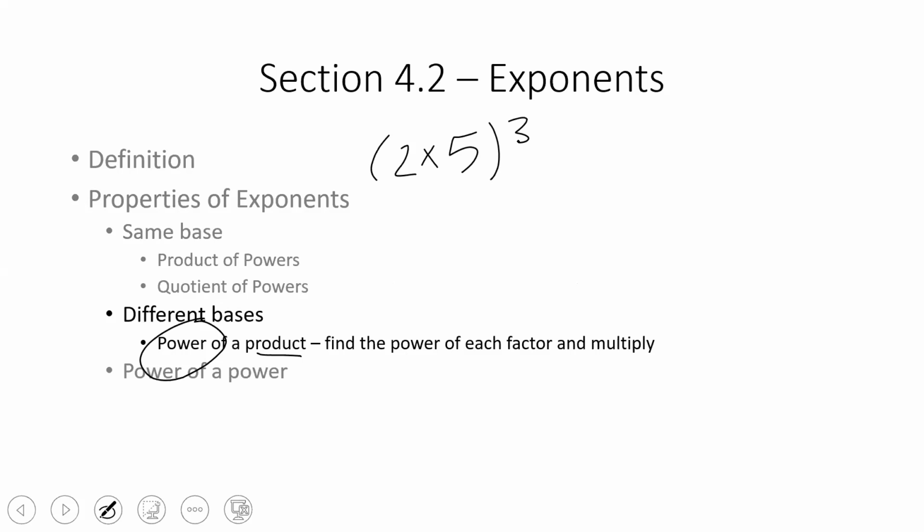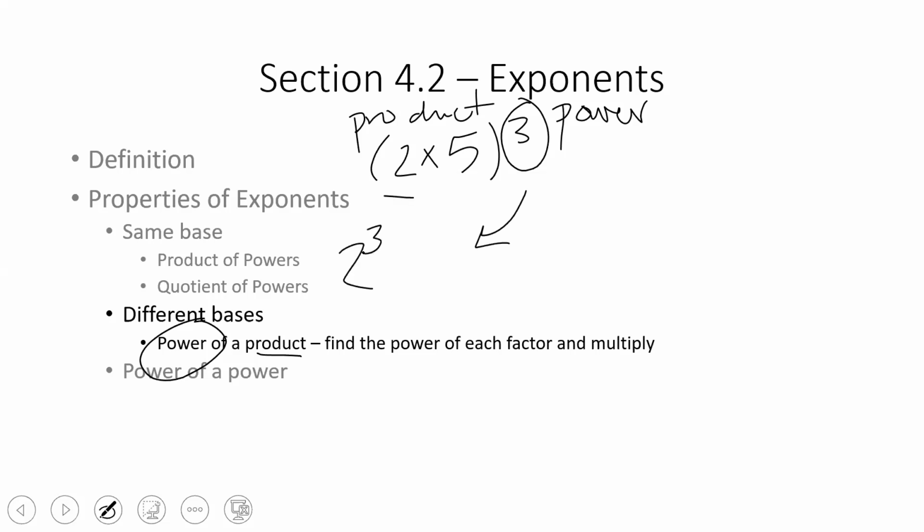So notice we're taking the power of a product. Whenever we're looking at power of a product, we have different bases. We want to find the power of each factor and multiply. So what we're doing here is we're going to take each factor raised to that power.